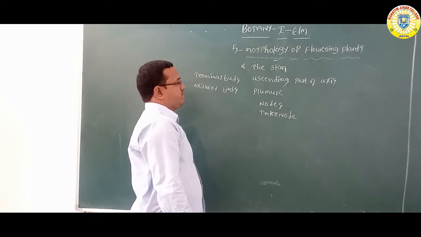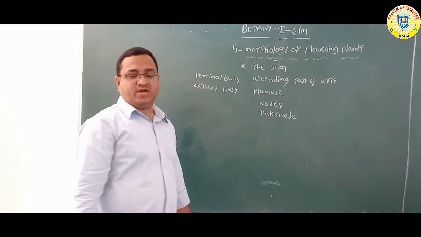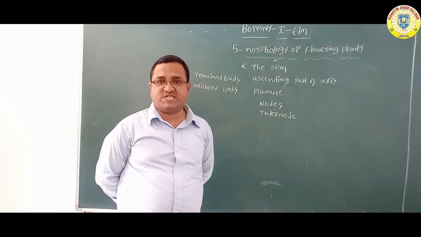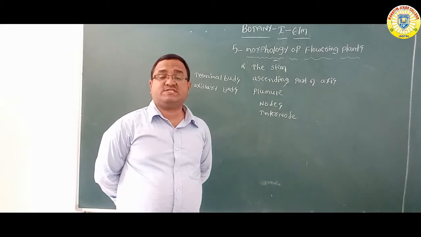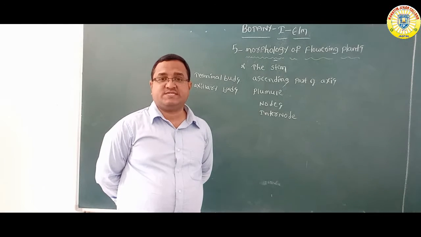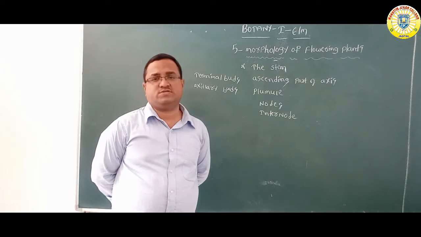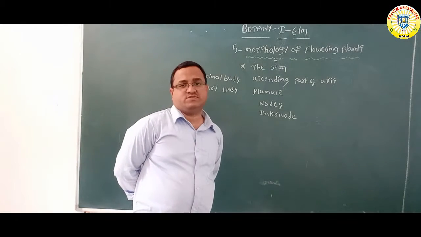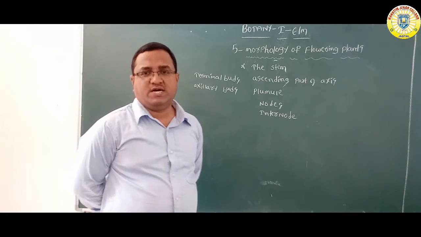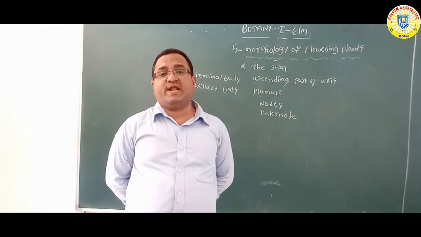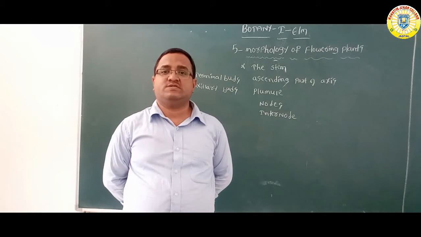Okay. And one more thing you can remember, the functions of the stem. What are the main functions of the stem? Stem spreads out the branches which have flowers, fruits, and leaves, and it transports water, minerals, and photosynthates.